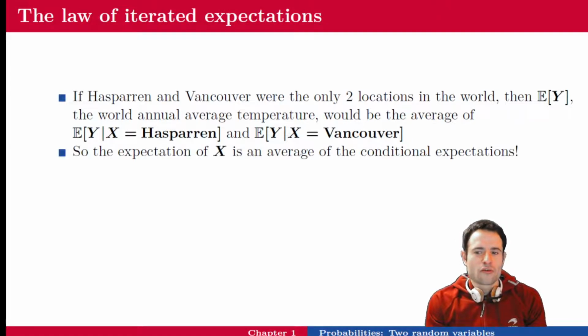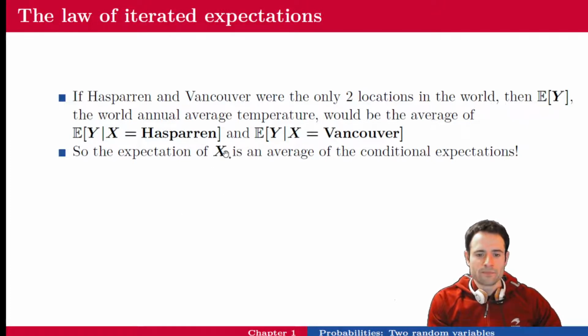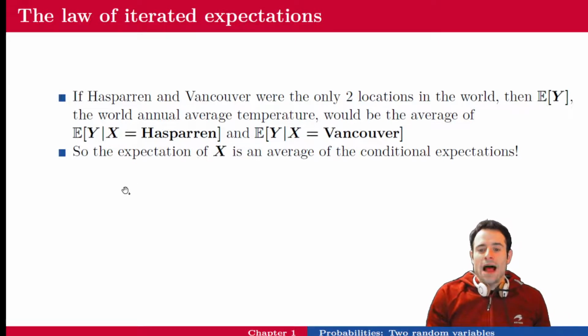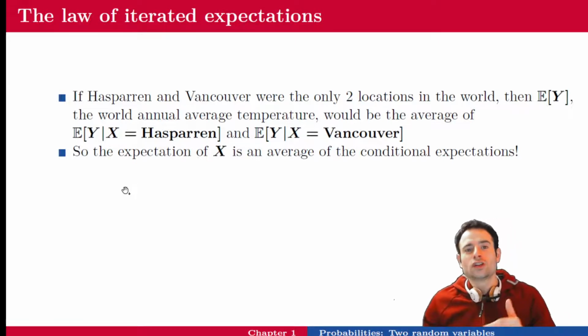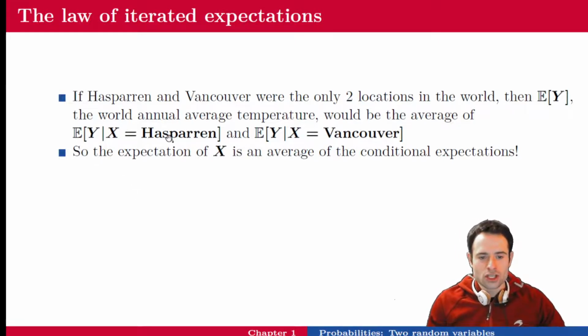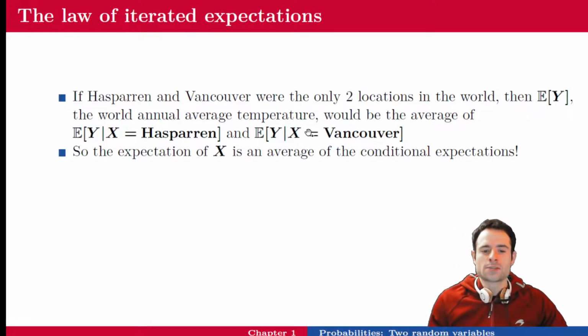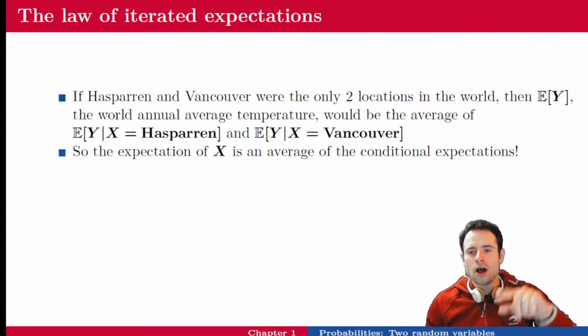So the final expectation, sorry, that's not x, that should be a y. The final expectation is an actual average of the conditional expectations. I took the expectation of these two expectations. So I took an expectation of expectations.